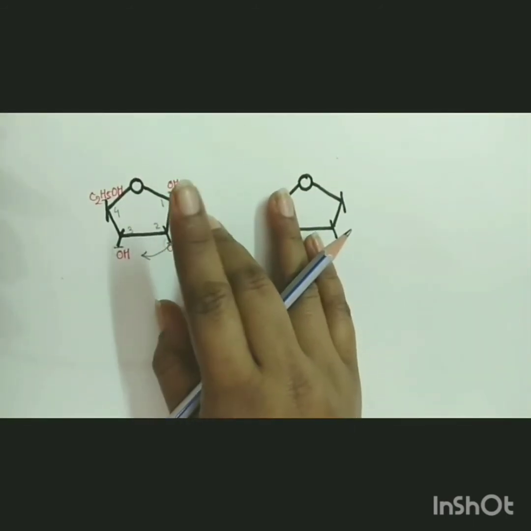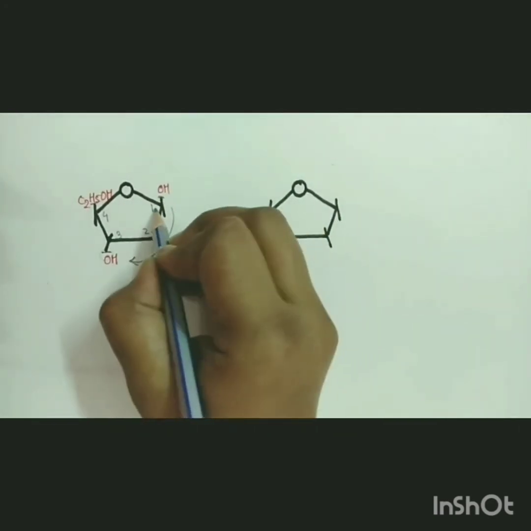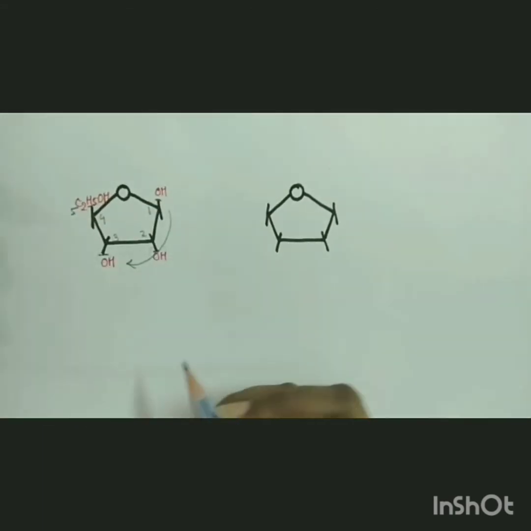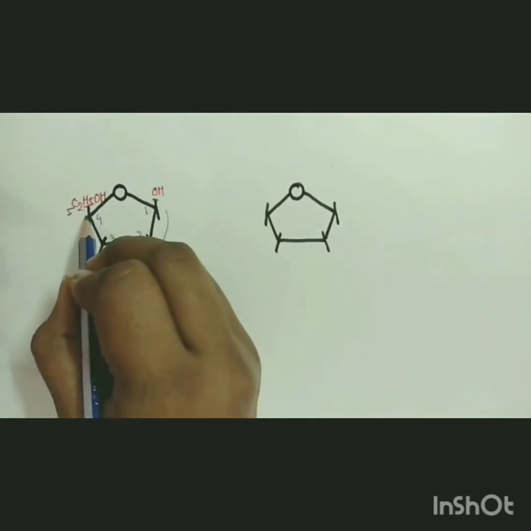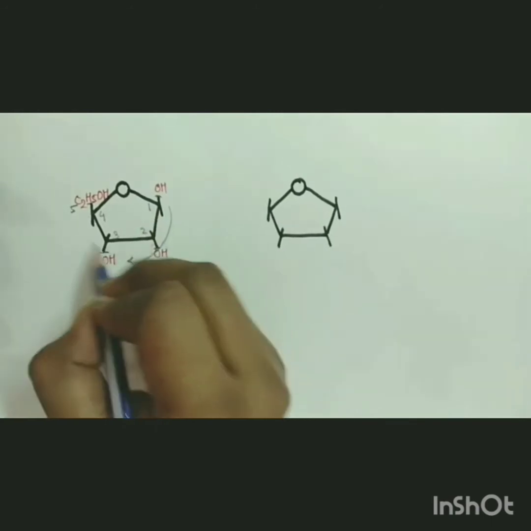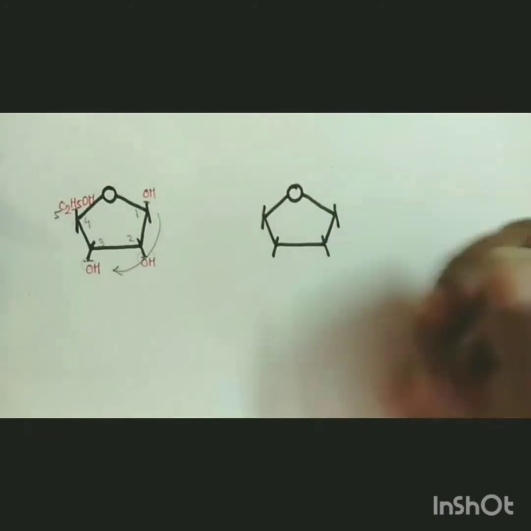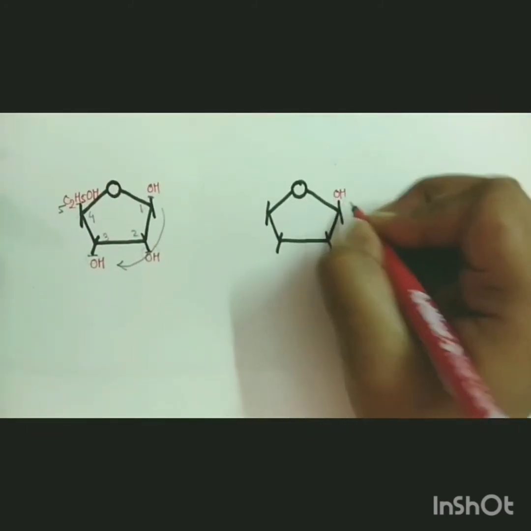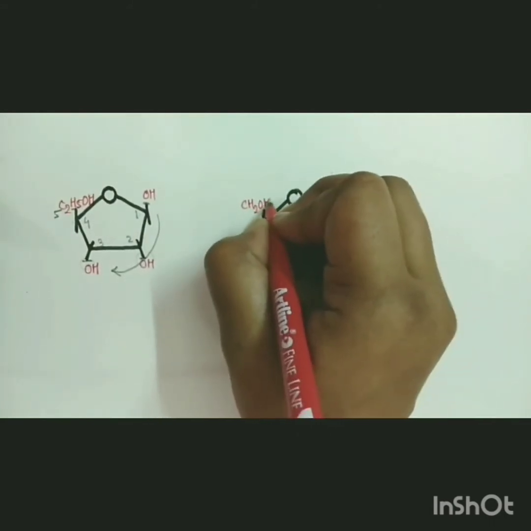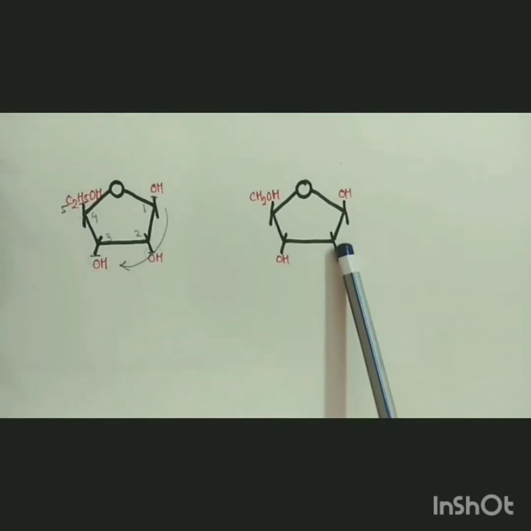Okay? Now again let's count the number of carbons. So now 1, 2, 3, 4 and 5, because this primary alcohol is now a part of the structure. So now, is the structure clear to you? I hope you all are clear. Now, in the same way, attach OH, H, OH and CH2OH to the next structure at similar positions, which are the top of the hands and the bottom of the legs.